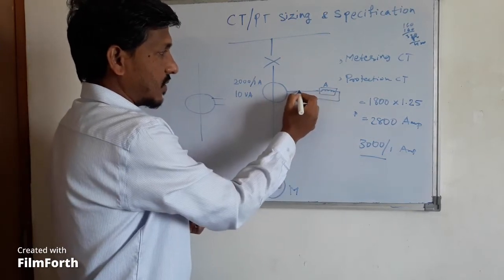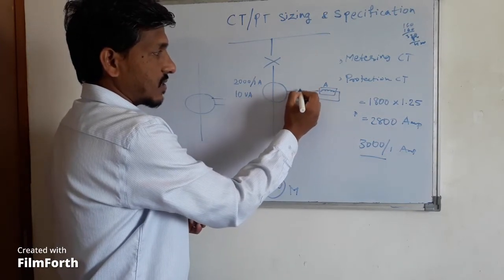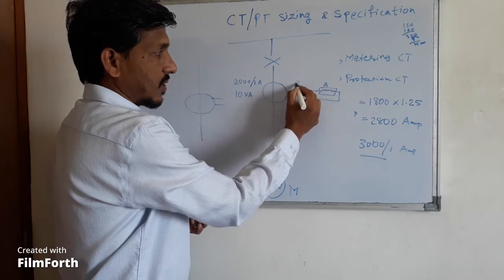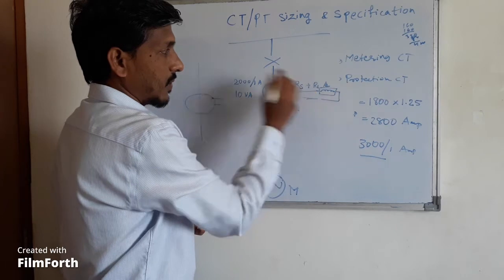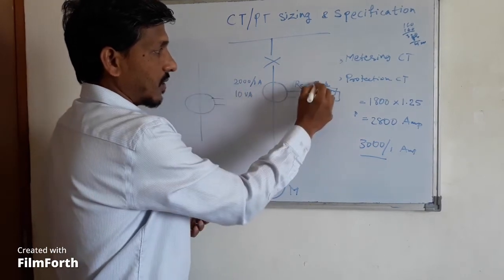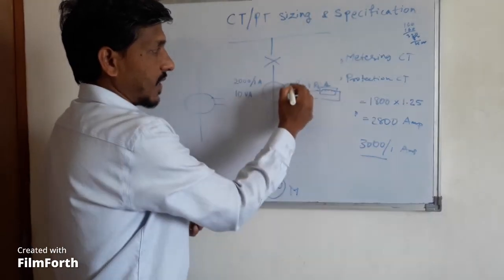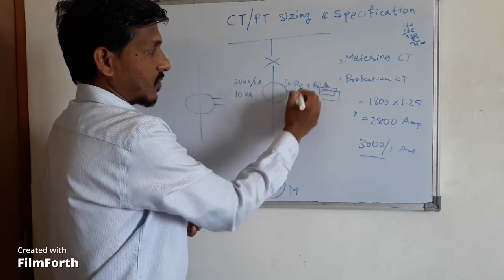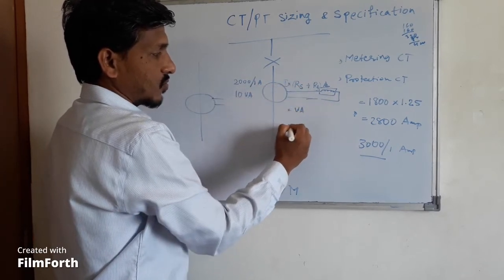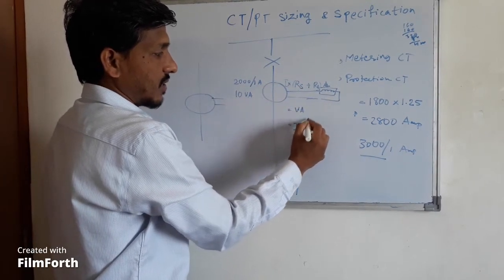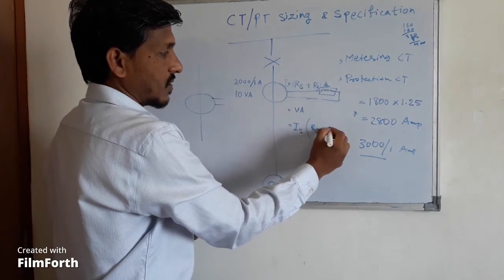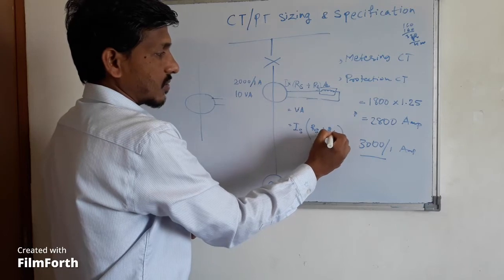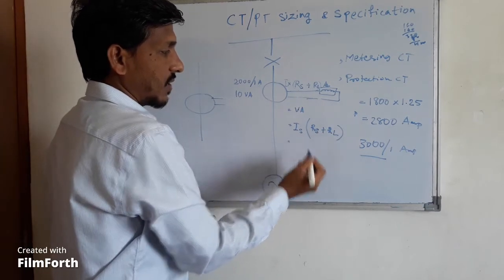So the secondary resistance RS plus this load RL, this is your total RS plus RL, into the secondary current flowing, you will get the VA. So VA is equal to secondary current into the secondary coil resistance plus the connected load resistance. Total resistance. This will give you the burden in VA form.